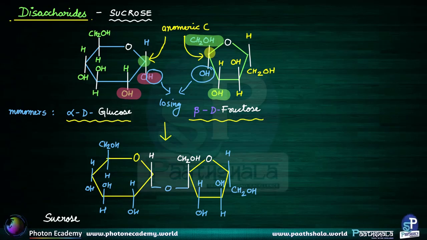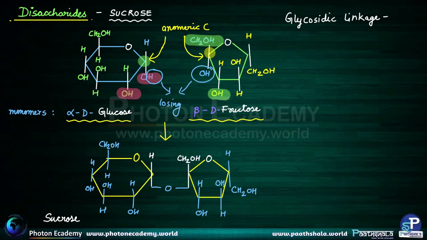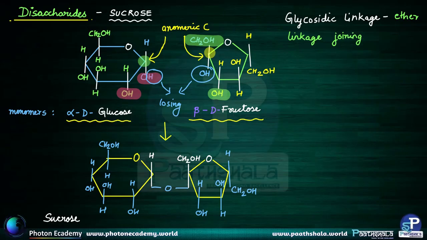And what actually happened is that a glycosidic linkage is being formed, and we're going to write what a glycosidic linkage is. Now, a glycosidic linkage is nothing but an ether linkage joining two monosaccharide units.